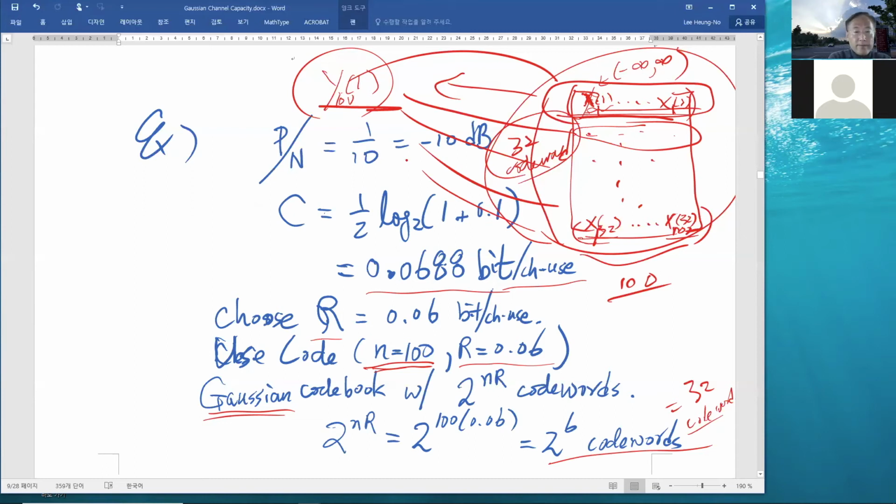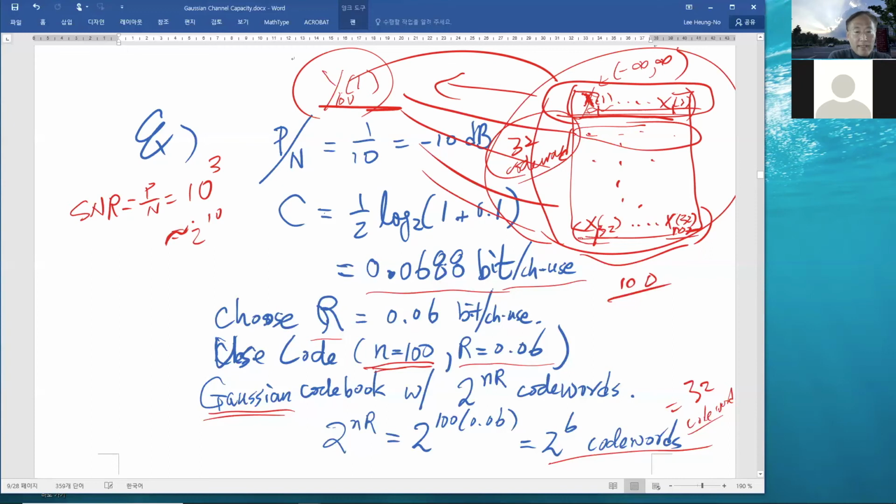And what about if you use an SNR, which is P over N, of like 1,000? What happens? 1,000 is approximately 2 to the power of 10.